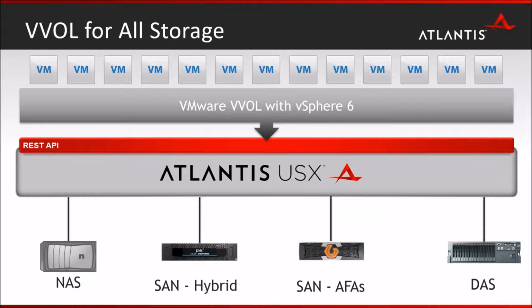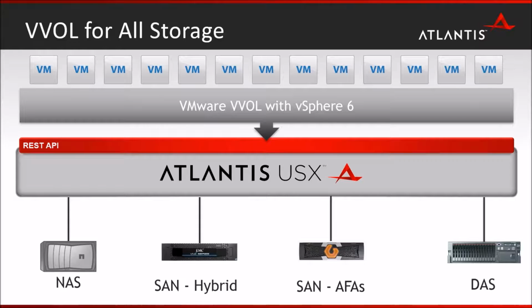Prior to VVOL certification, unless you have some specific VAAI integration, those actions are done by the ESX hosts themselves, and they are not dedupe aware. So if we were to clone a 50 gig VM, they will actually go and do the cloning.